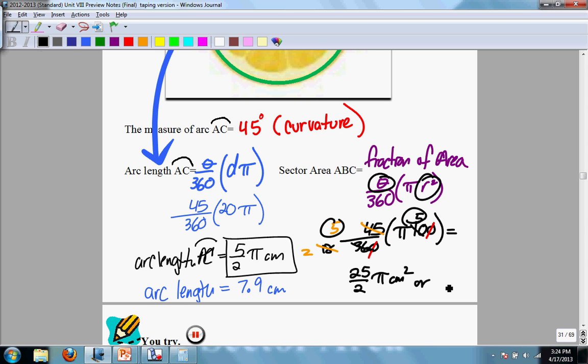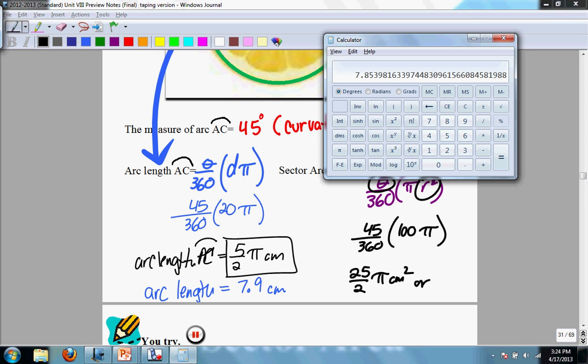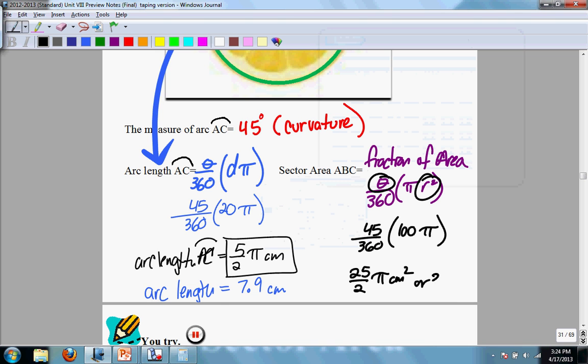The calculator version looks like this. I'm going to go 45 times 100, because that's 10 squared, equals, times pi equals, and then I'm going to divide by 360. And you get 39.3. And again, it's centimeters squared.